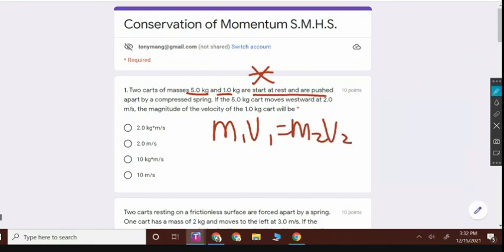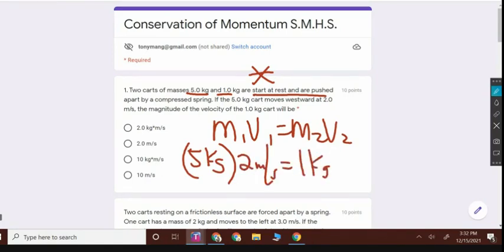There's your answer to your question. Now, the 5 kilogram moves west at 2 meters per second. We don't have to worry about directions because they're obvious. And the 1 kilogram cart, how fast is it? m1 v1 equals m2 v2, so 10 is 1 times v.